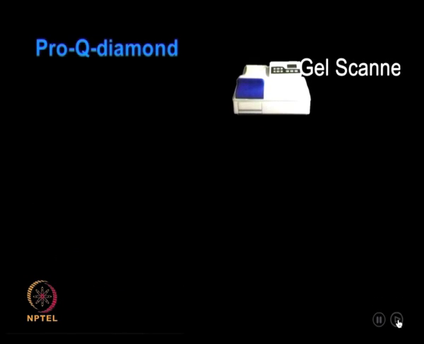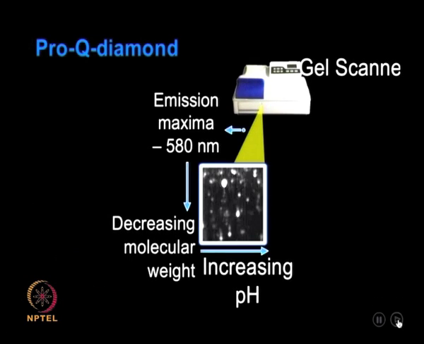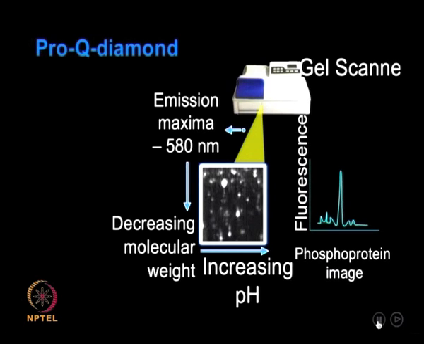Gel can be further scanned and image can be procured, especially at emission maxima of 580 nanometer, and it provides again on the 2 dimensions decreasing molecular weight and increasing pH information for all of these protein spots.